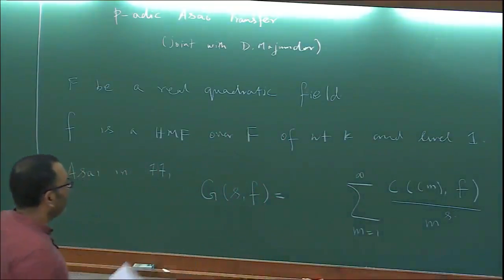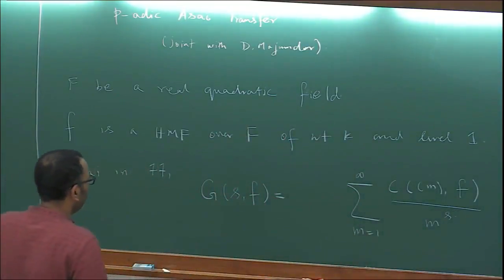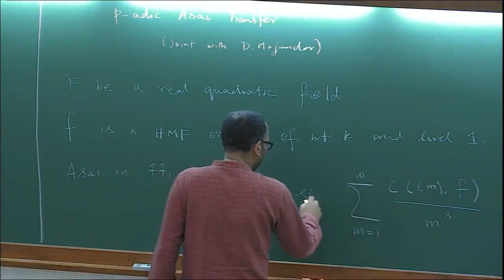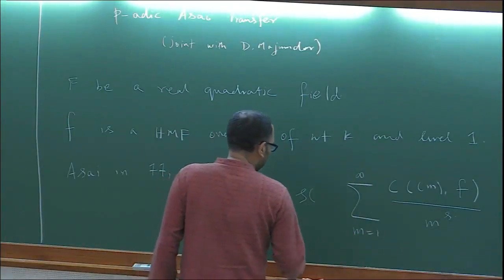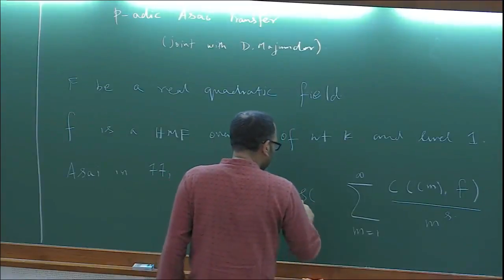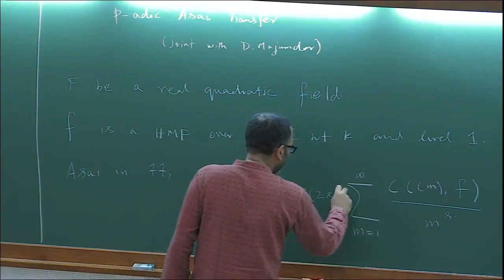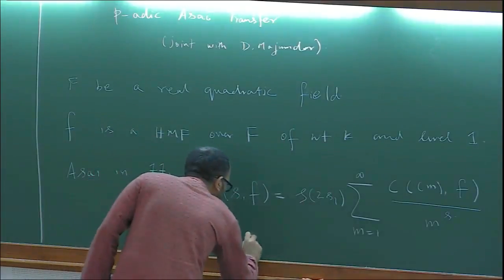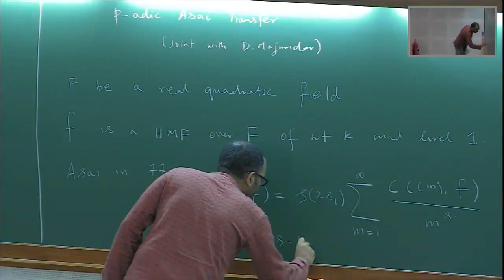But this doesn't have a nice Euler product formula, so you need to fudge this by a zeta term. You need to multiply this by zeta of 2s1, where s1 is equal to s minus k plus 1.